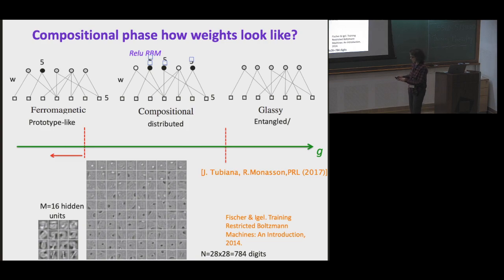And you see for several hidden units, when you have few hidden units and you are in this prototype-like configuration, weights resemble much the single digits. So these are the 16 weights one infers when one just has 16 weights.